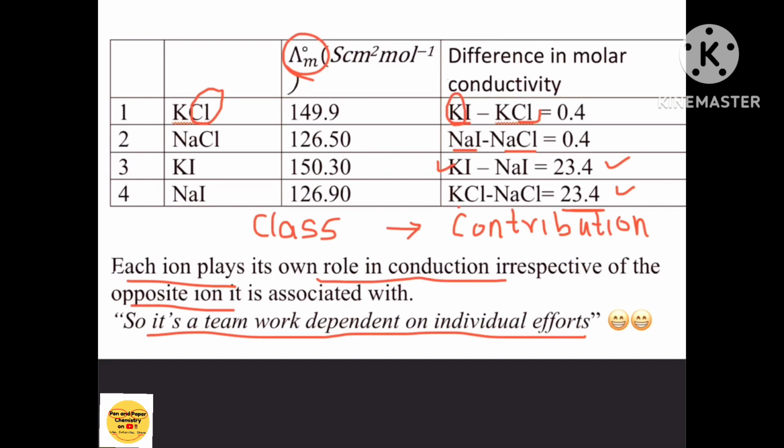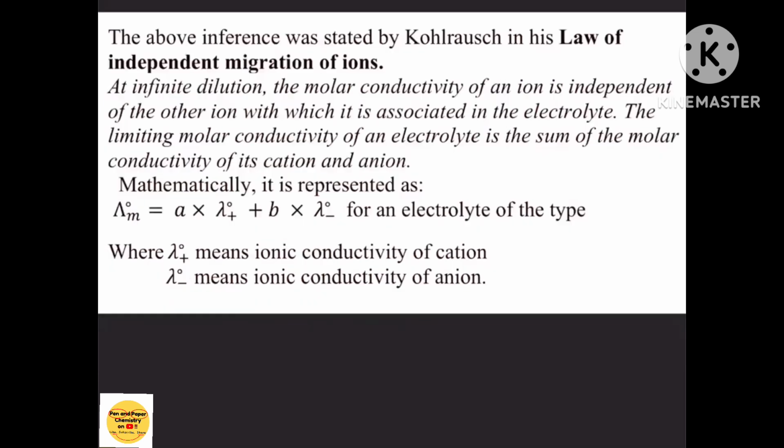How do we say it mathematically? Here we've got the definition of Kohlrausch law, which is called the law of independent migration of ions. The ions migrate or move independent of each other. It says that at infinite dilution, the molar conductivity of an ion is independent.